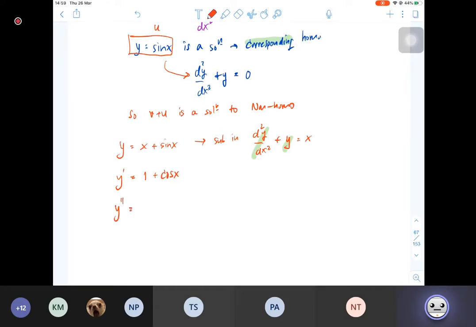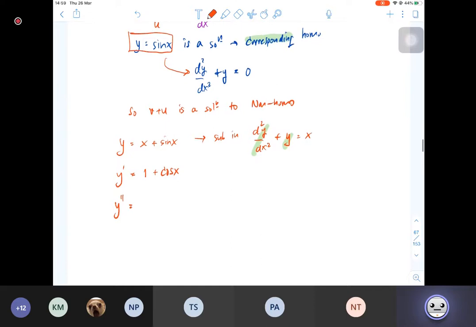And we're going to need the second derivative. The first term is constant, that would become a 0. And the derivative of cosine would be minus sine of x, okay?